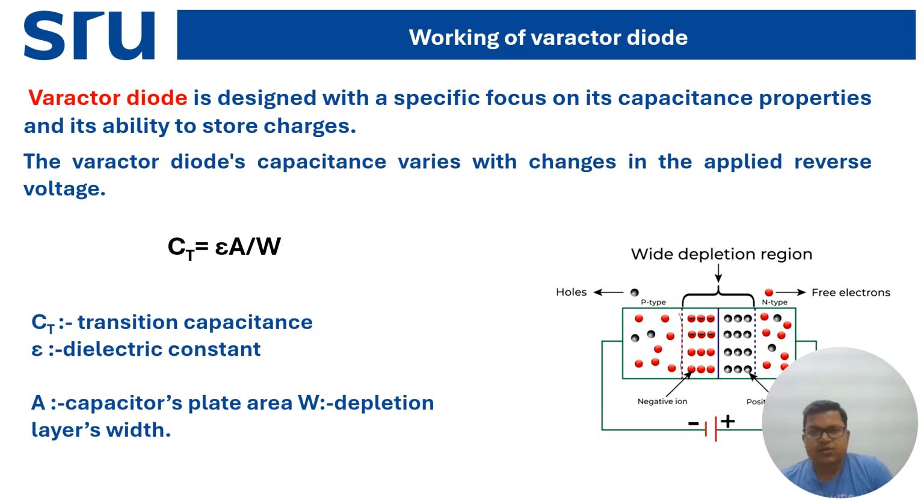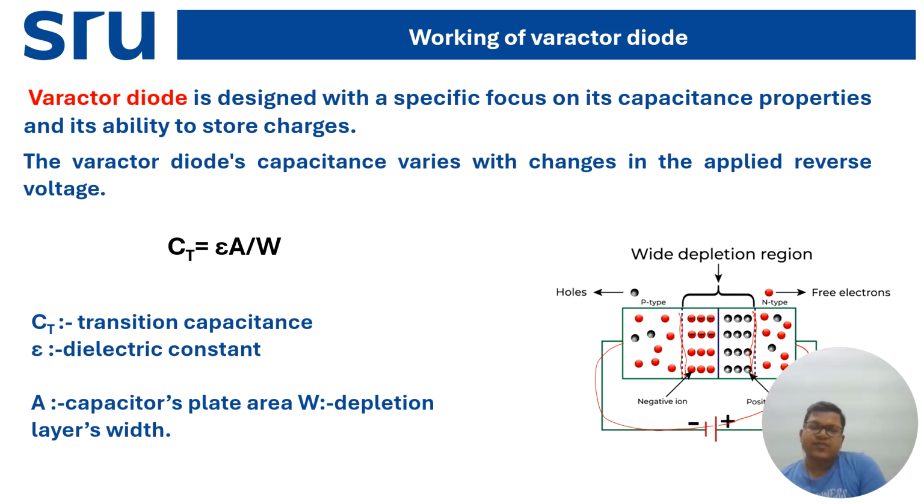This is the width of the depletion layer, and here in this image we are applying a reverse bias, because the positive terminal is connected to the n type, and the p type is connected to the negative terminal.